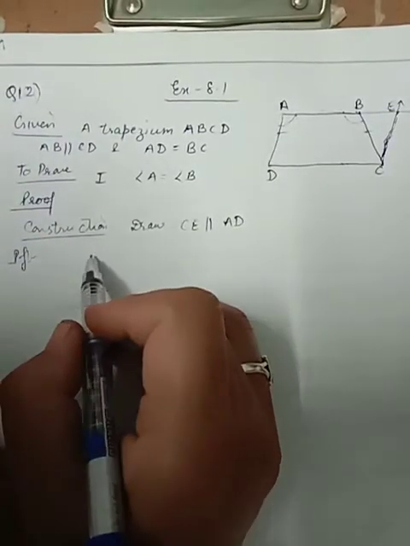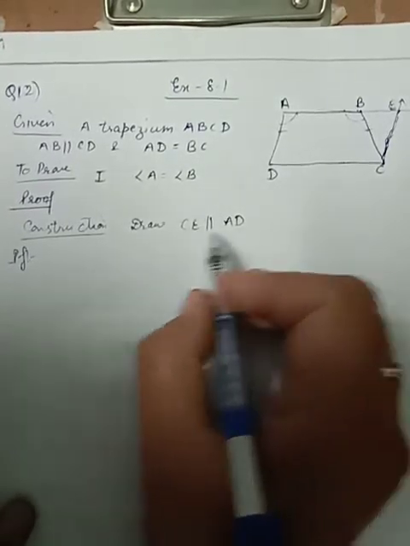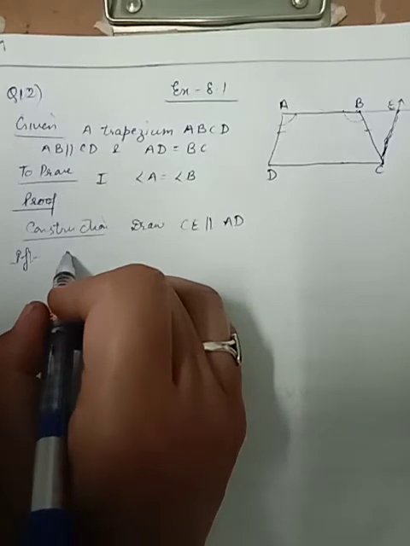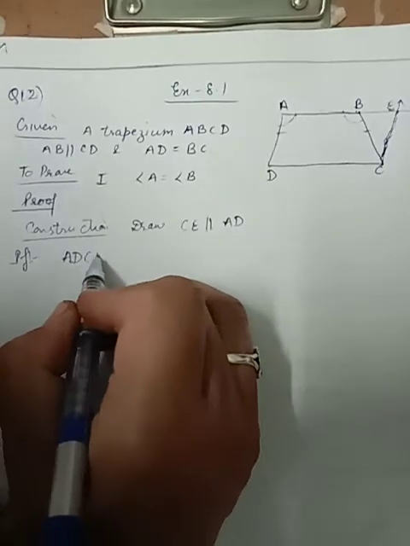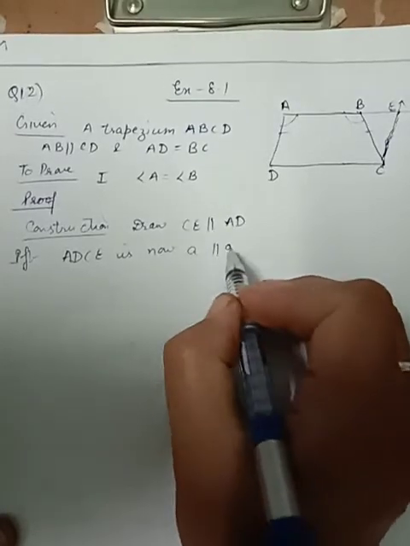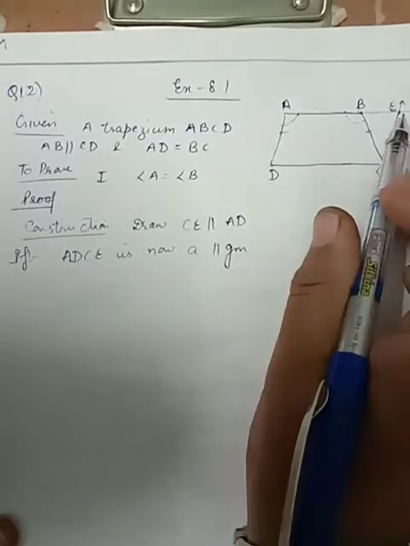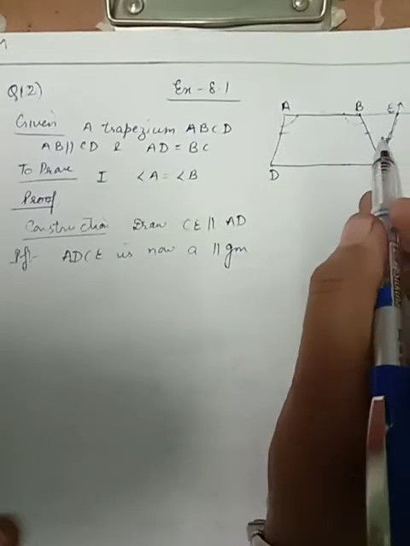Now ABCD is a trapezium given to us and we have drawn CE parallel to AD. By this, ADCE is now a parallelogram because this side is parallel to this and this side we have drawn parallel to this side.